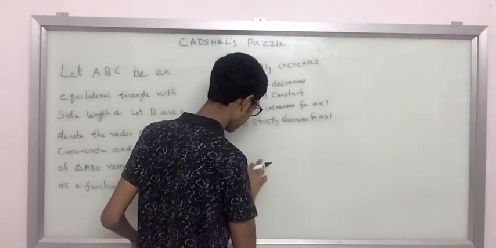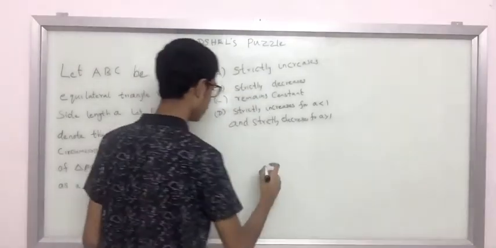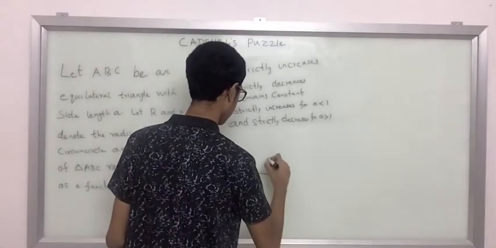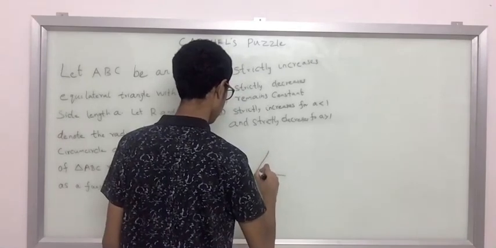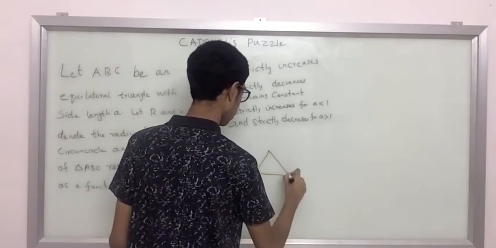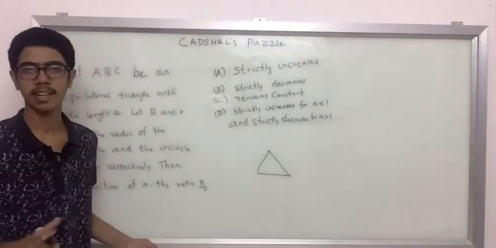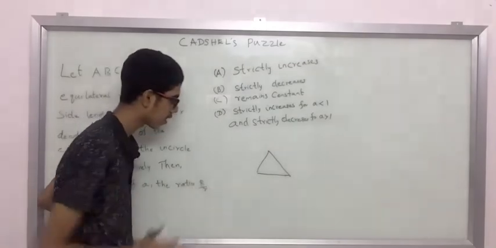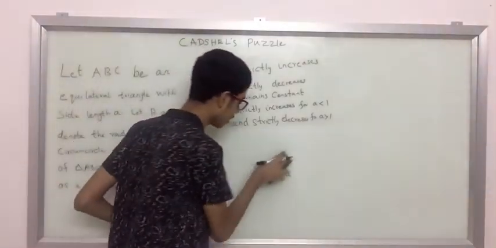If it is equilateral, then only I can show it. Think of this as an equilateral triangle. This is the best I can draw, I believe. But it's very small, no? I will try it a little bit bigger.